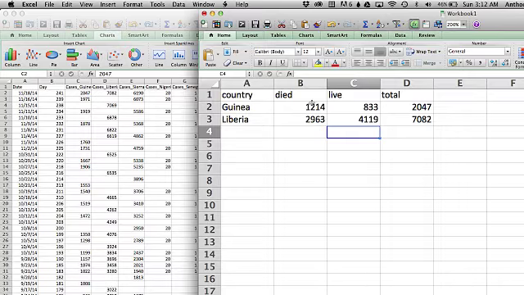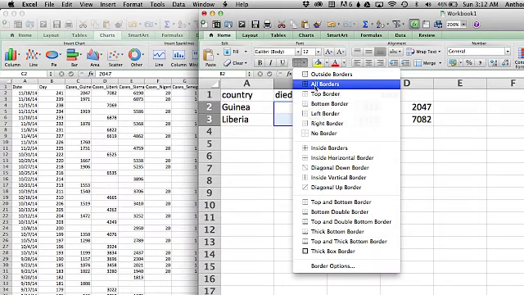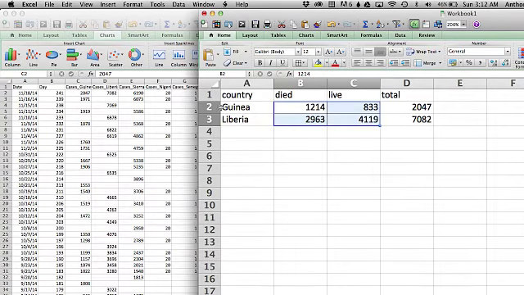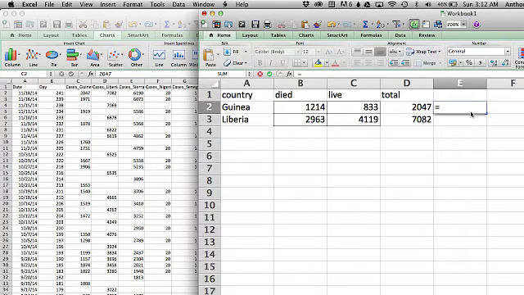So our 2x2 table is basically this section right here. The exposure was whether you lived in Guinea or whether you lived in Liberia, and the outcome was whether you died or whether you lived. In other words, mortality. So the mortality rate, or the risk of dying in Guinea, is going to be equal to 1,214 divided by 2,047.